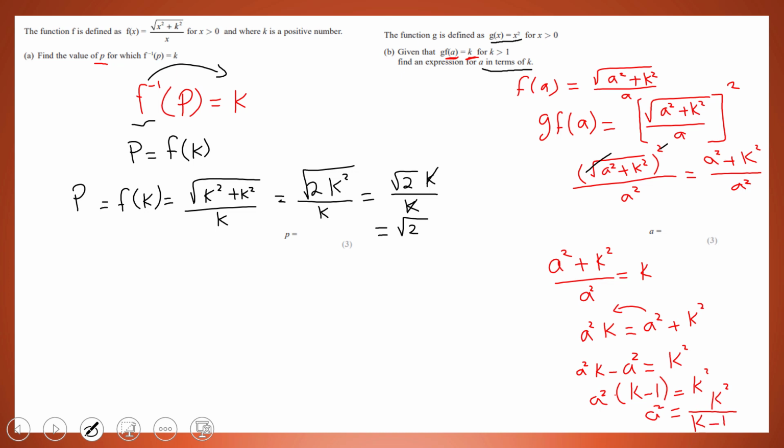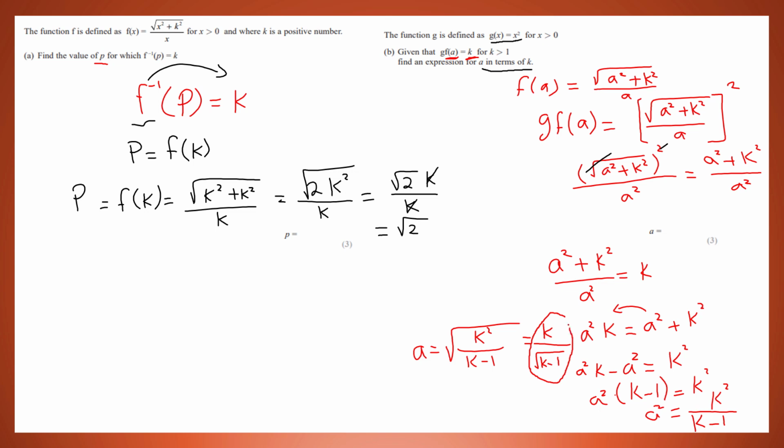Then you do the square root, so a will be the square root of k squared over k minus 1, which can be written as k over the square root of k minus 1, because the square root of k squared is k, and then the square root of k minus 1.